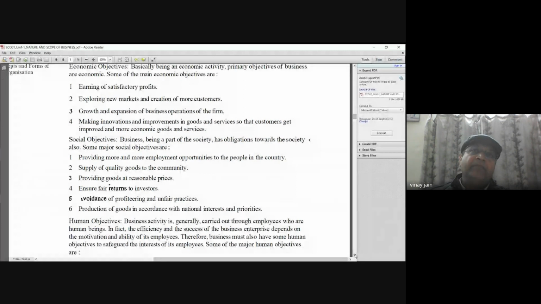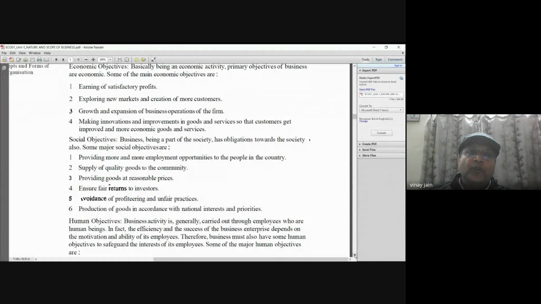So guys, the big business houses are making profits, and what will they do with that profit? They have a huge amount of profit. They will extend their branches, they will distribute their profit among their employees in the form of bonus.